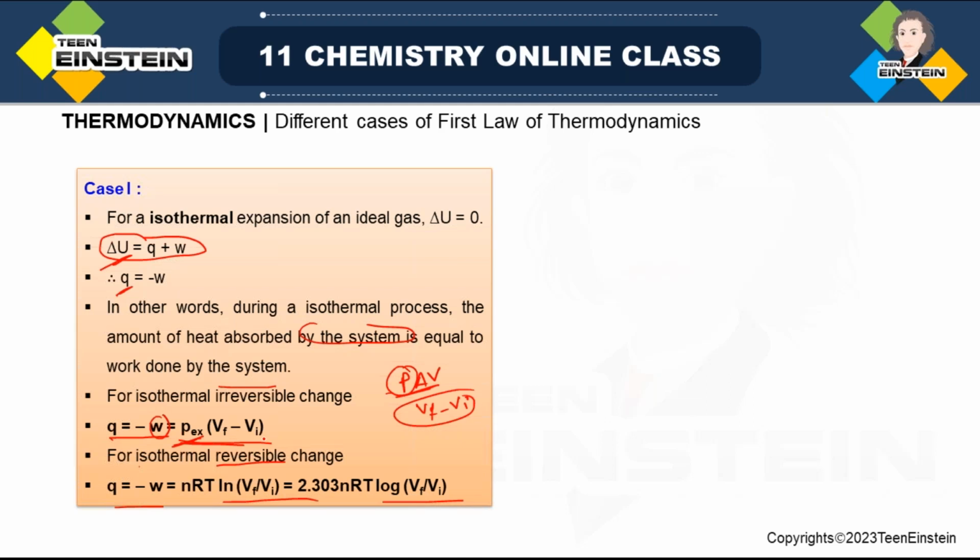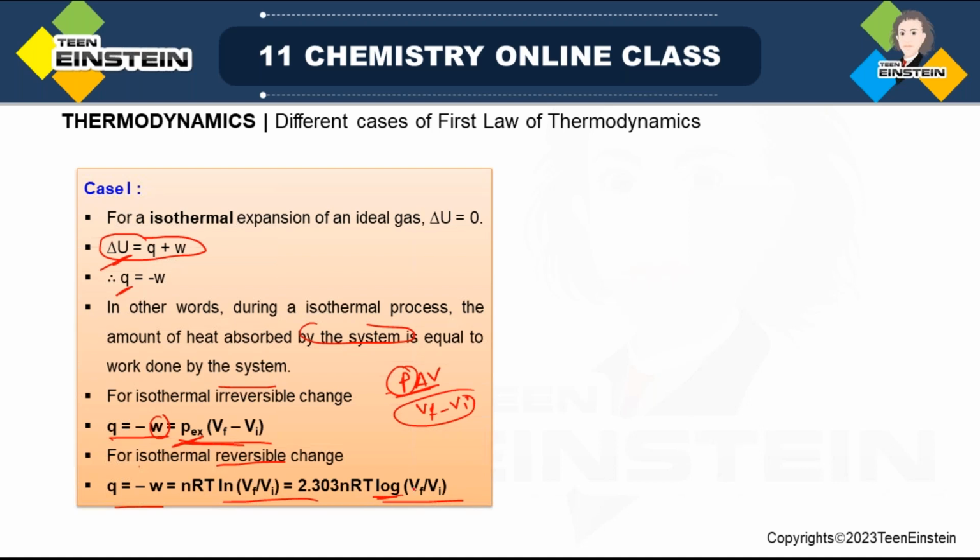After integration, the final expression we obtain for isothermal reversible change is nRT ln Vf by Vi. If you convert the ln, it will be 2.303 nRT log Vf by Vi. So these are the two different expressions.